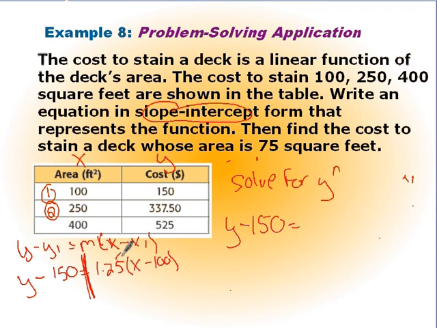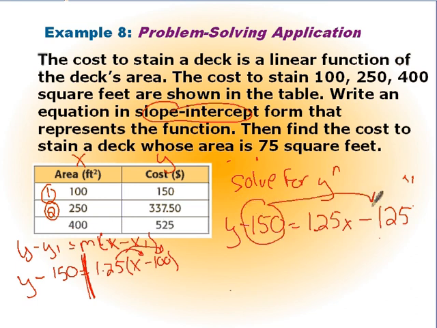Okay, and then we're going to simplify the right side of the equation, so we're going to distribute that 1.25 through. So we get 1.25x, and then 1.25 times negative 100 is minus 125. To finish solving for y, we need to move this negative 150 over, so we'll add 150 on both sides.